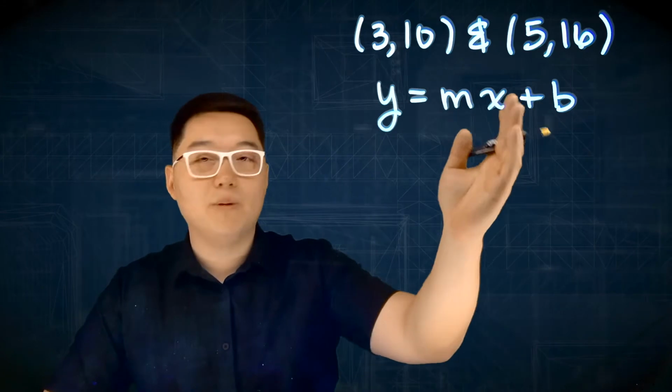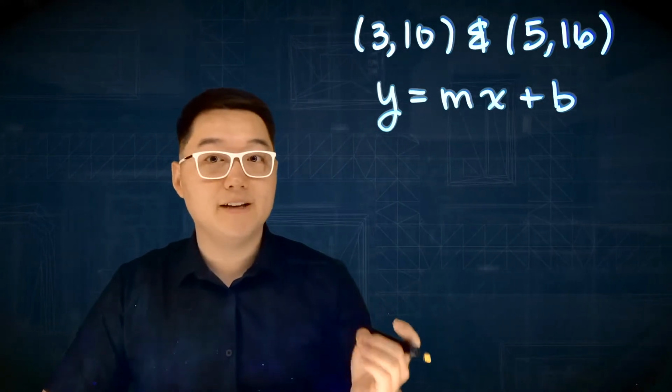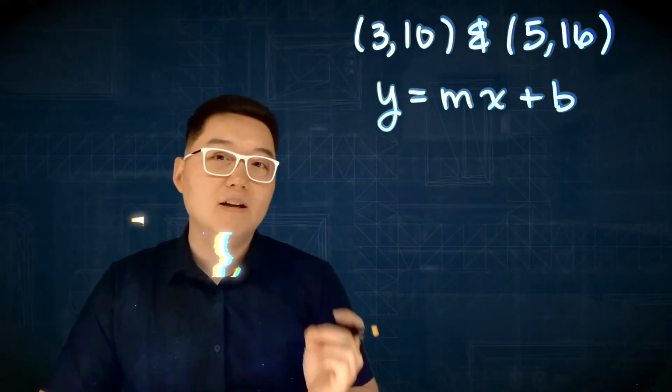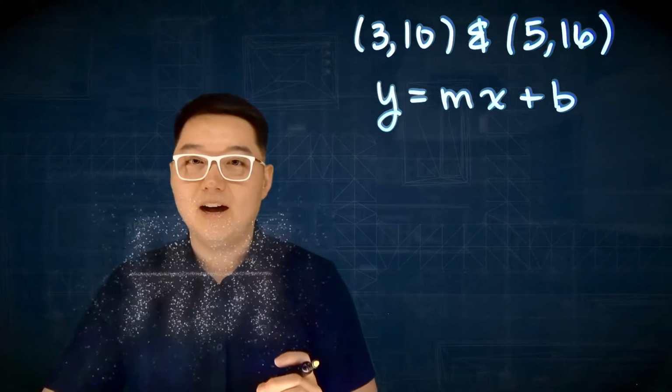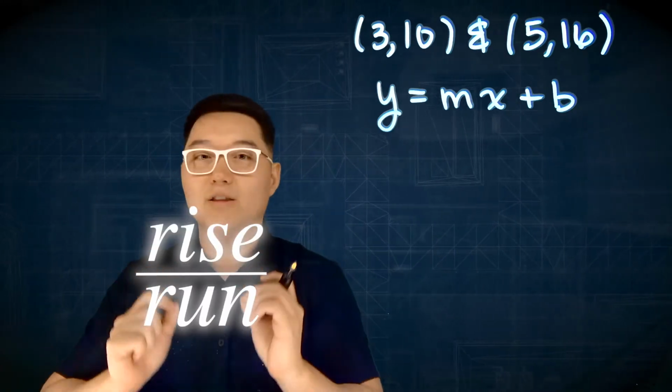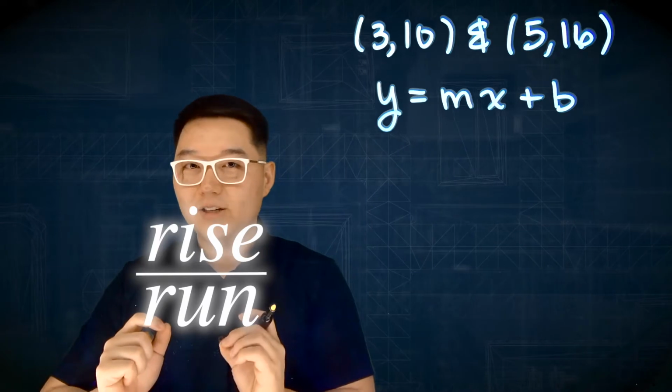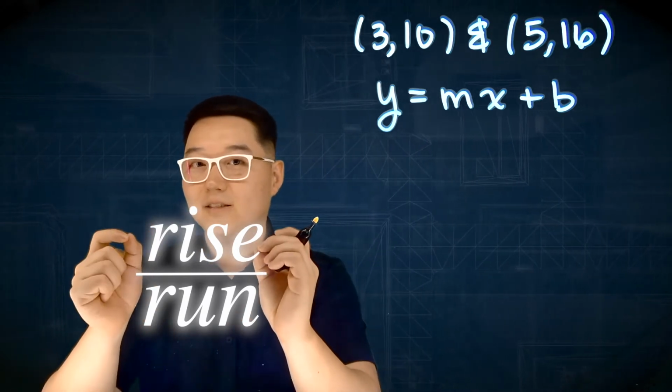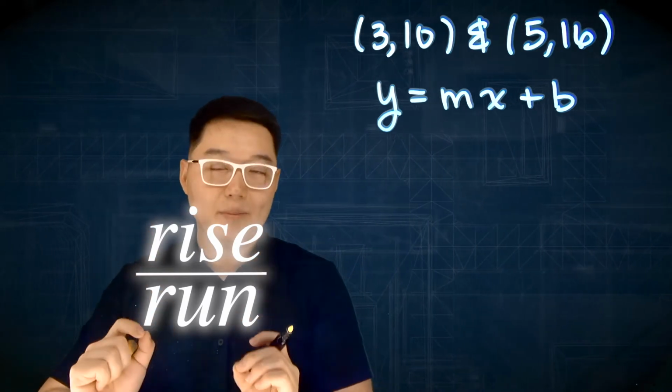Now that we have 2 points, that's enough information to figure out the slope. Now remember, the slope is a ratio of rise over run. It's a ratio of how much money you gained or lost over how much time has passed.